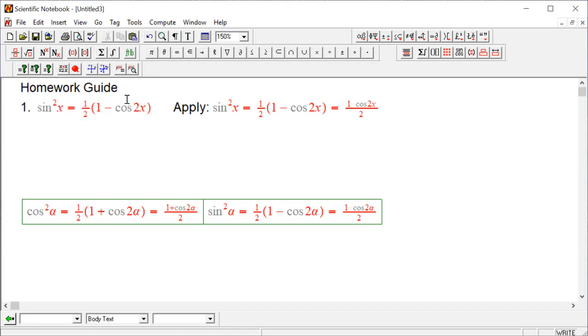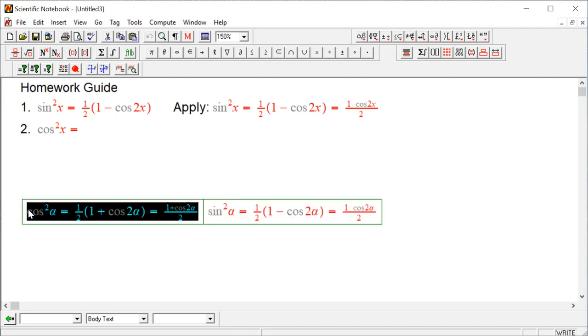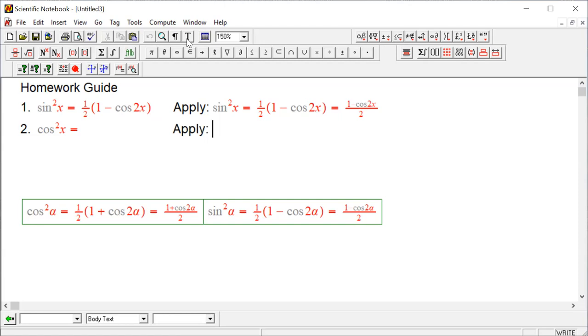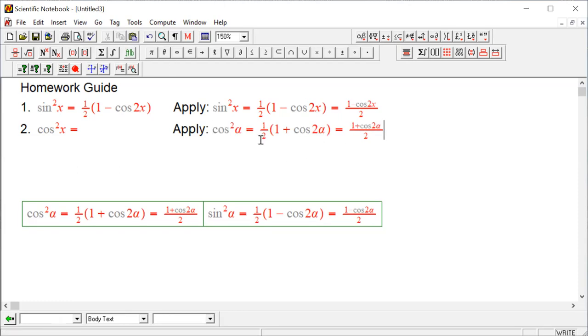And of course, number 2 on the homework is also asking to reduce power. And you can see the relevant formula would be this one. In which case alpha is turning to 2 times x.